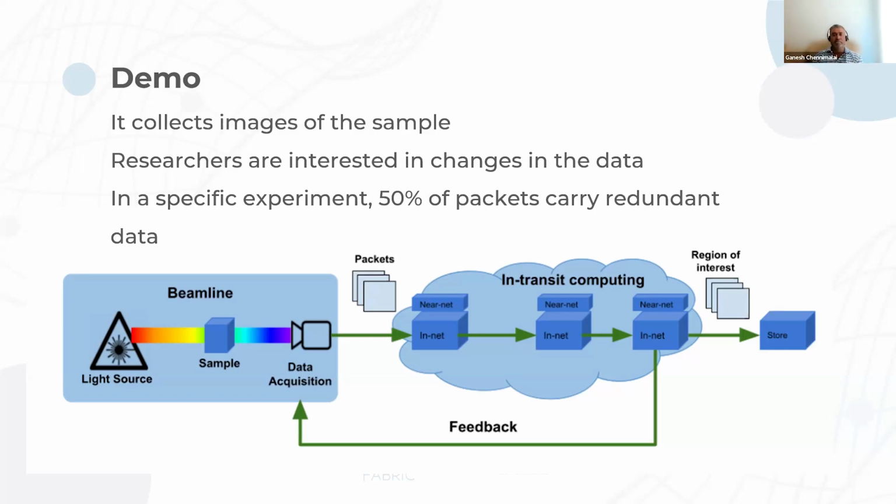In this specific experiment, around 50% of the packets carry redundant data. We want to get rid of them, and we also want to provide real-time feedback so that the camera can be adjusted. It can zoom in, zoom out based on the feedback.